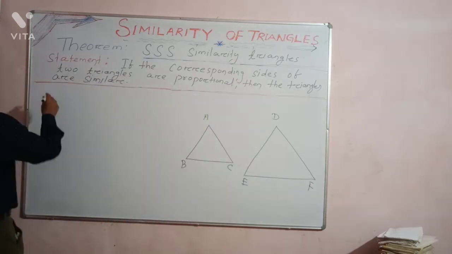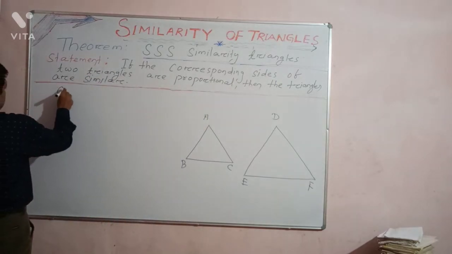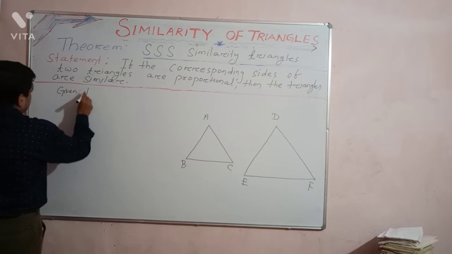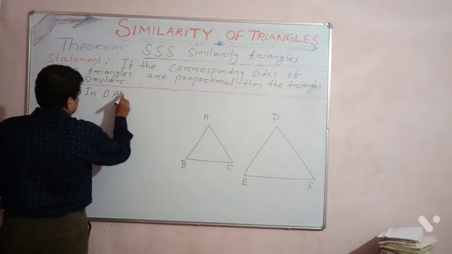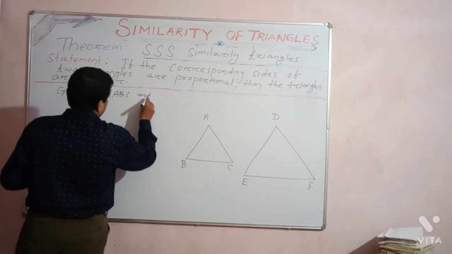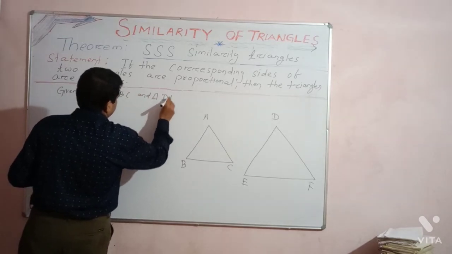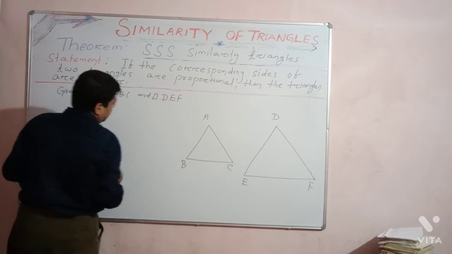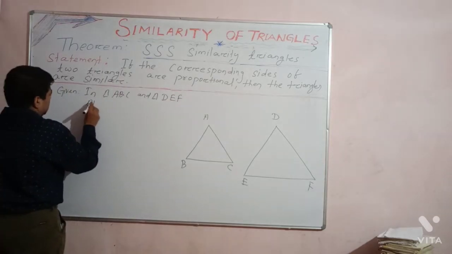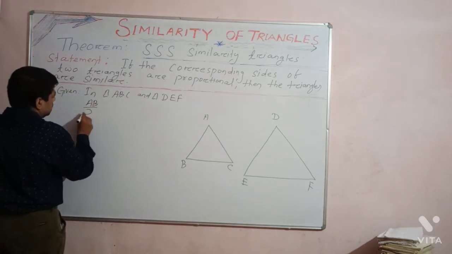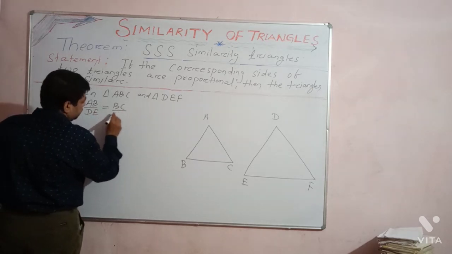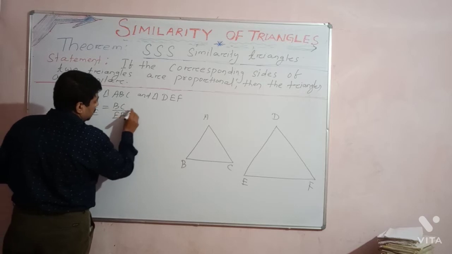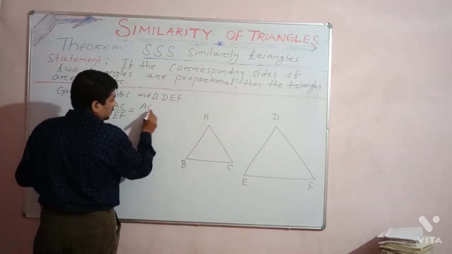Given that in triangle ABC and triangle DEF, AB upon DE is equal to BC upon EF and is equal to AC upon DF.